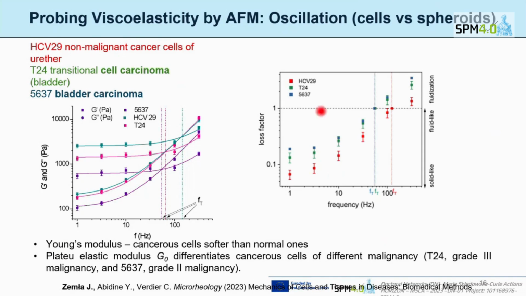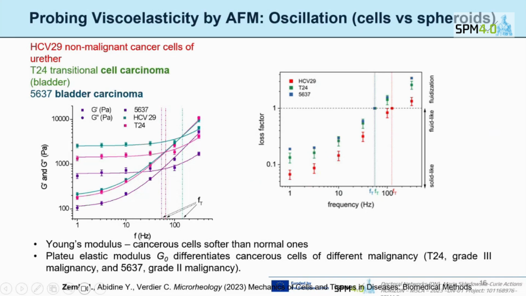If we present this data as a loss factor, we can see that in the case of low-grade cells, the contribution of the viscous properties to the overall mechanical properties of these cells is the highest, and for normal cells it is the lowest.